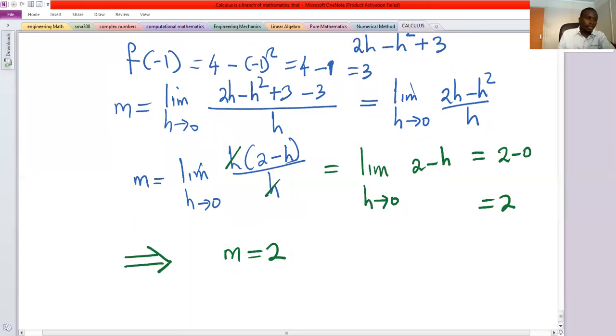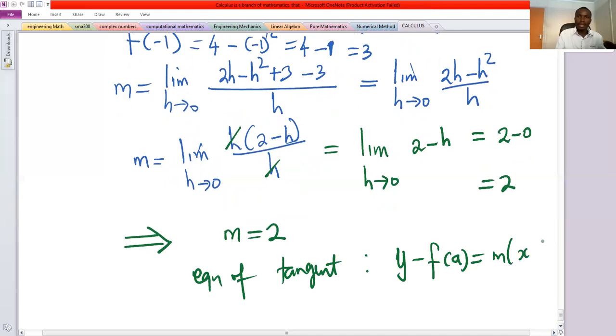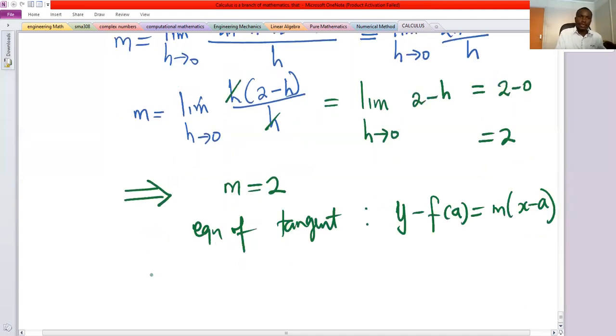And so the equation of the tangent is usually given by y minus f of a equals m times x minus a. Which is the same as y minus, a is minus 1 for this question, equals m is 2, times x minus a, a is minus 1, so minus minus becomes plus.